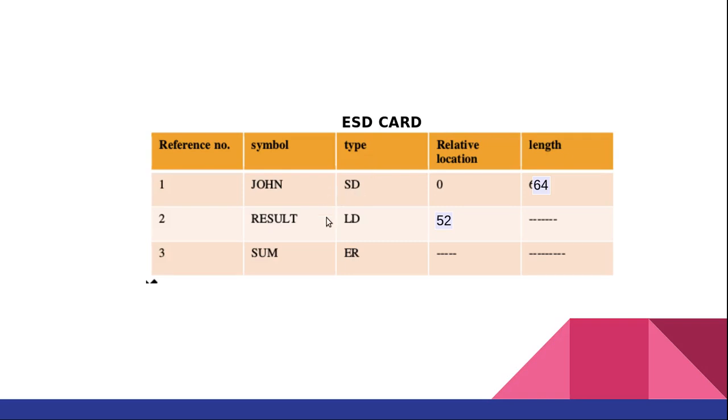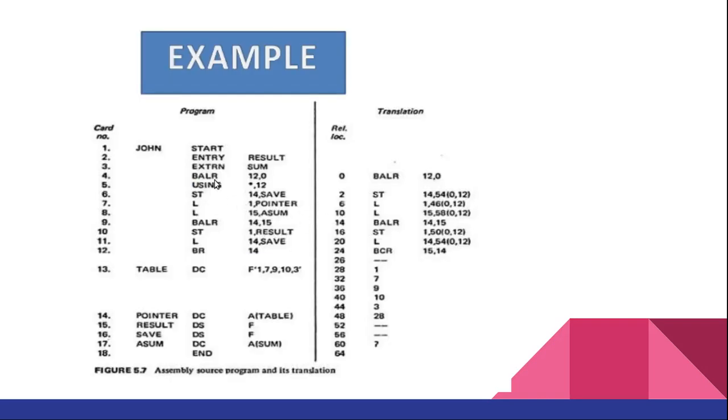So we'll see what symbols are there. Look into the program. We have John, which is defining the segment name, result as the entry declared with the entry pseudo opcode, and sum declared with the extern pseudo opcode. Now we have to store these three symbols' information in the ESD card.